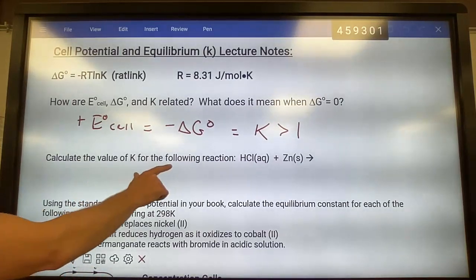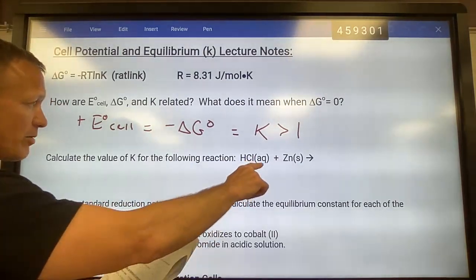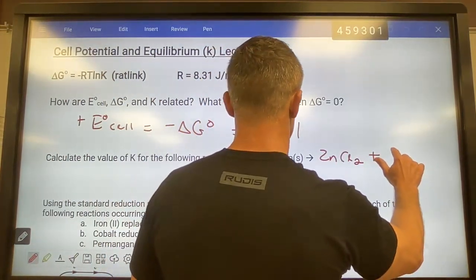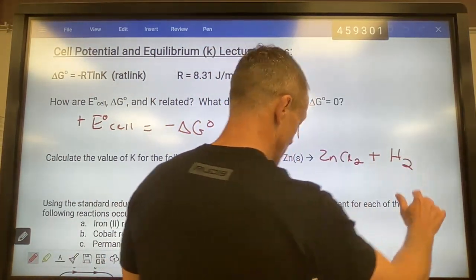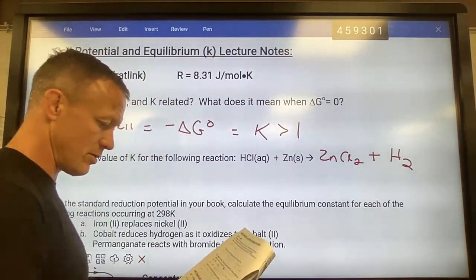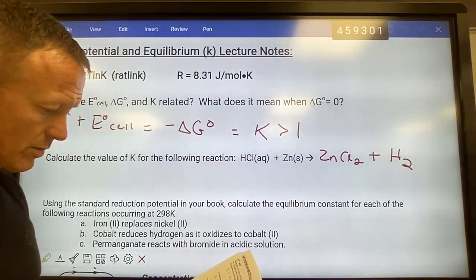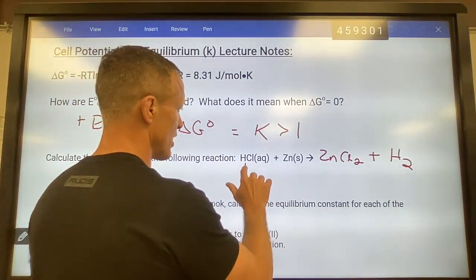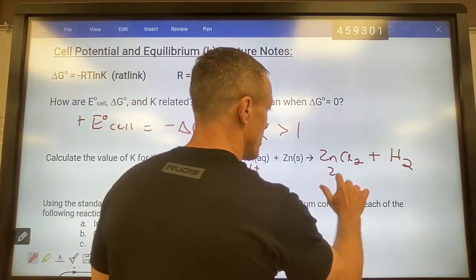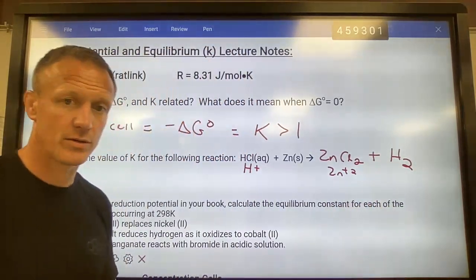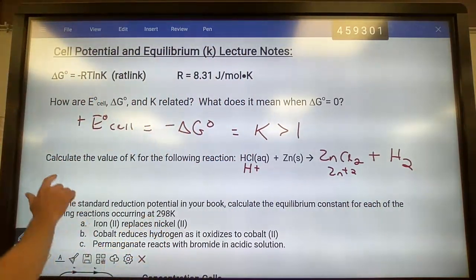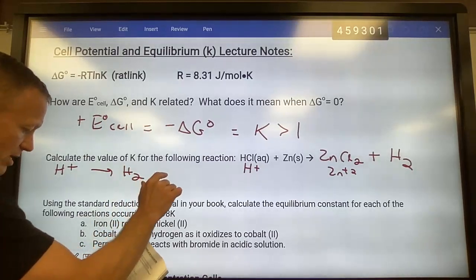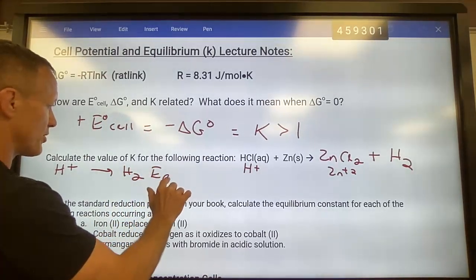So this one, figure out the K value for the following reaction: HCl plus zinc, forming ZnCl2 plus H2. So essentially we can get rid of the chlorine. So we really have H+ here and Zn2+ there. So we figure out the potential of our cell. We have H+ going to H2, and that reduction potential is 0 volts.